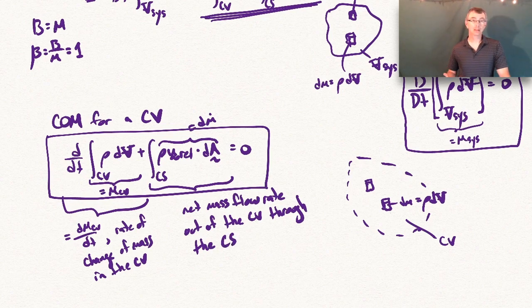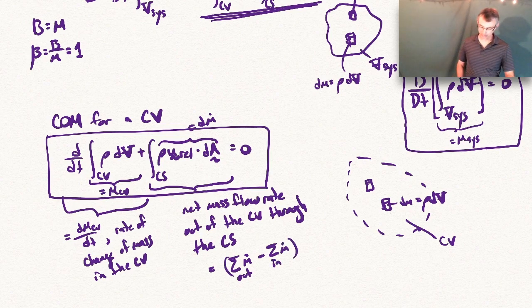That term, if you've had a thermal class before, you've seen this sort of thing before. It looks like the sum of m dot over all the outlets minus the sum of m dot over all the inlets. The summation means over all the different outlets. So you take all the mass flow rates going out, subtract all the mass flow rates coming in, and that's the same as this integral.